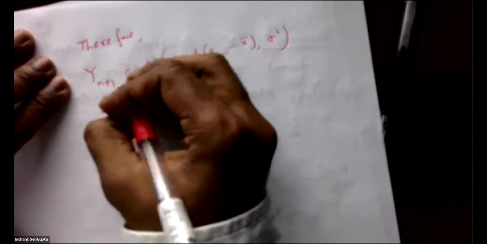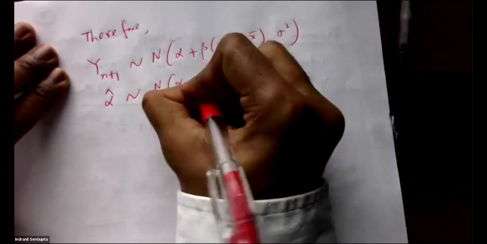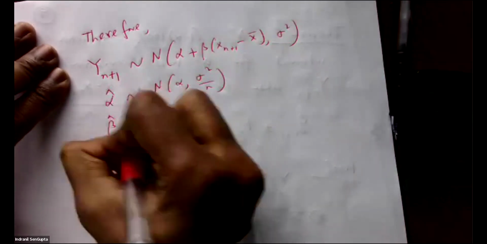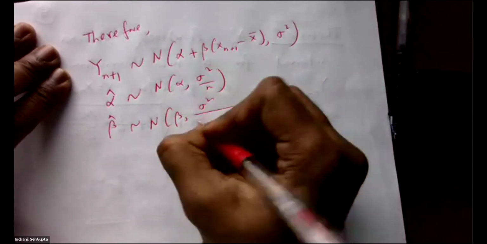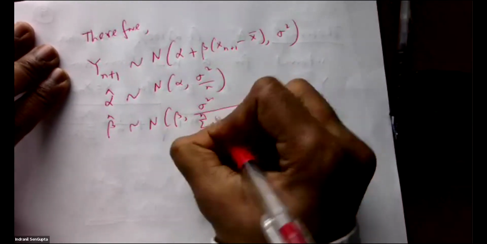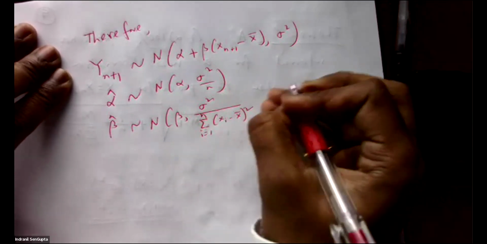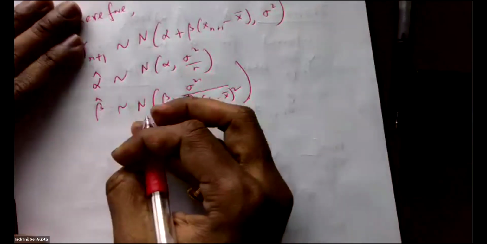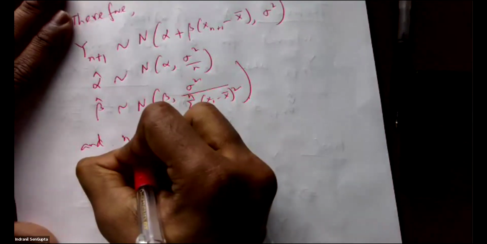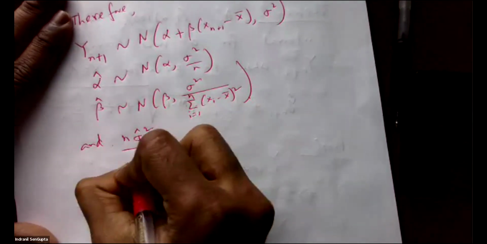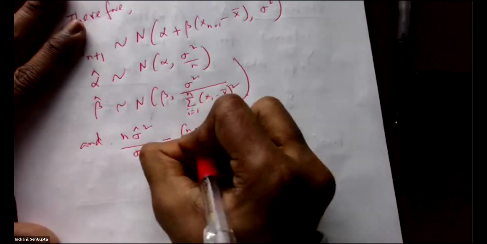Also, from before, alpha hat follows normal, beta hat follows normal, with the sum of x_i minus x bar squared, and this is something we wrote before.